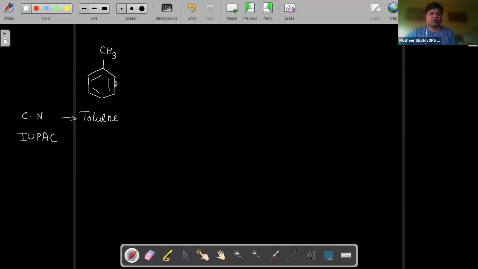Now, suppose I have to put chlorine on the benzene. So these are a few possibilities: ortho substitution or para substitution.